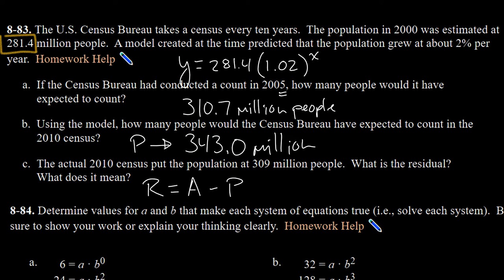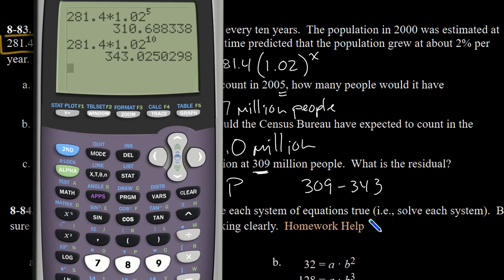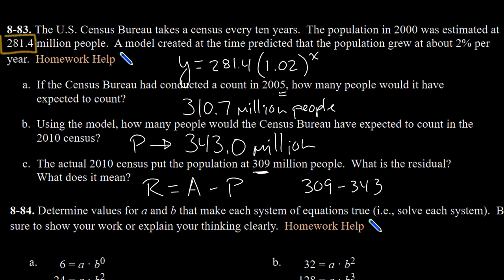The actual value was just 309 million. So my residual is going to be the difference between those two numbers, 309 minus 343. When I do that subtraction with a calculator, I get negative 34. So this is equal to negative 34 million people. So what does this mean?